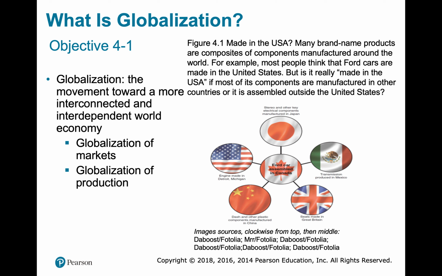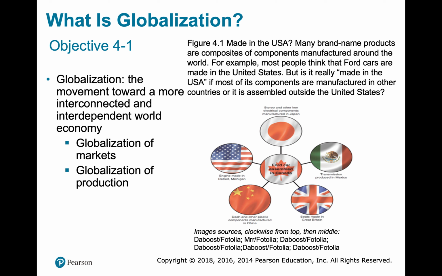And they say that even though Ford says that they make their vehicles here, a lot of the components, the computer chips, the really small pieces, a lot of the production items, if you will, are oftentimes made elsewhere and shipped here. And in other times, it might be made in the U.S., but assembled outside of the US. And this falls more along the lines of the globalization of production.